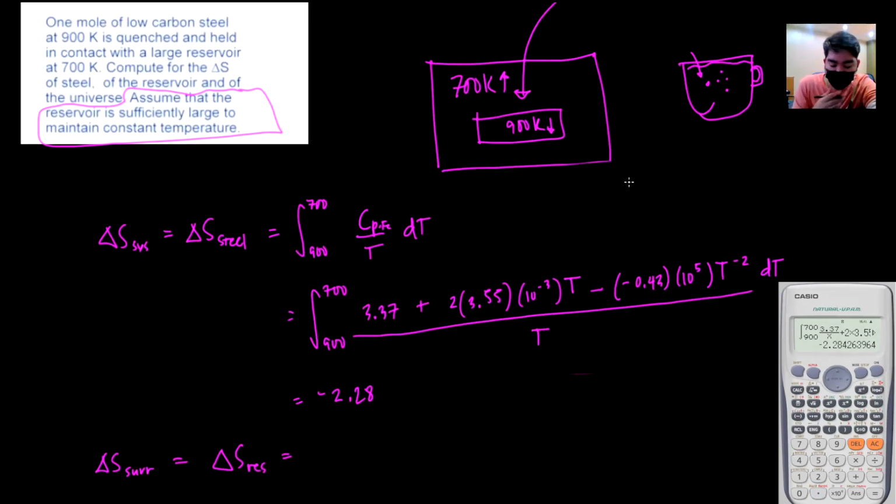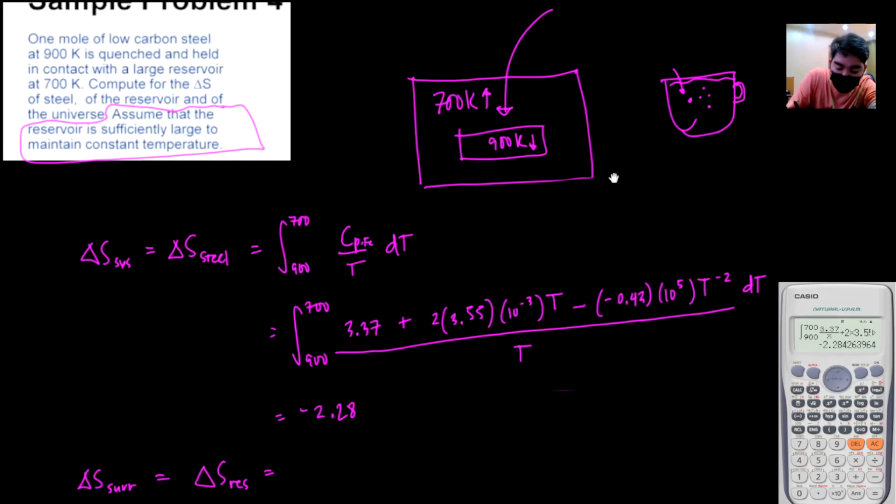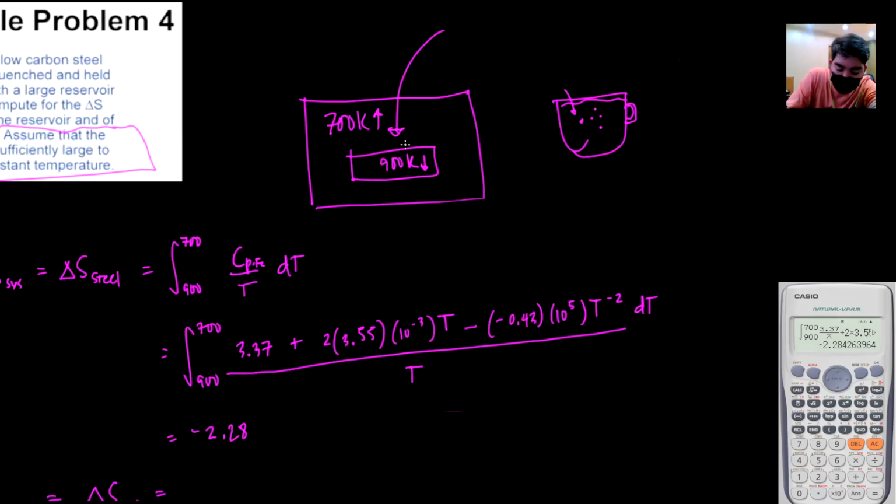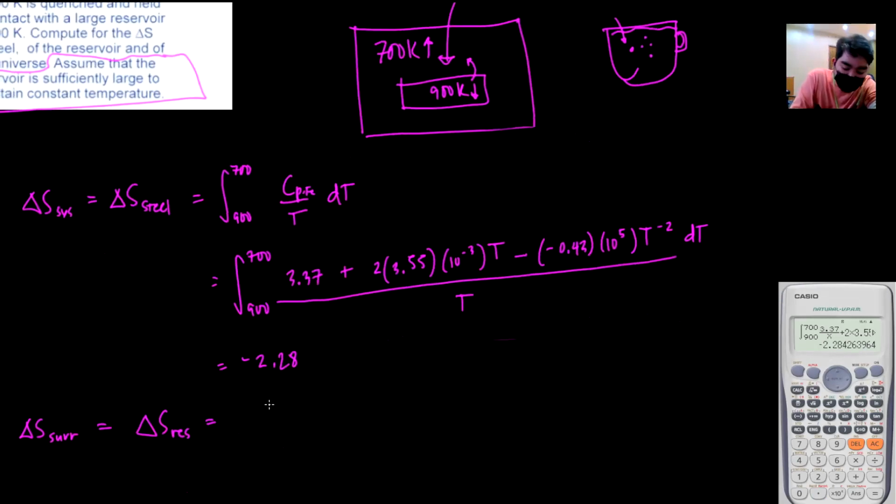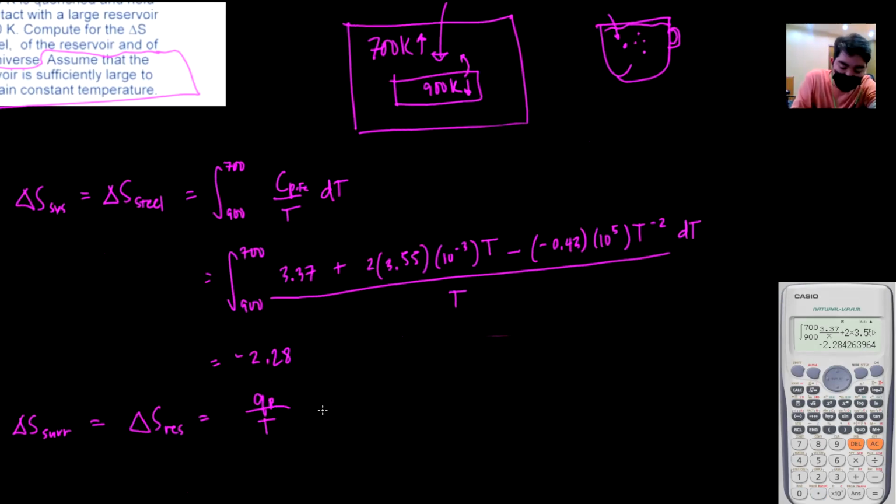So if you think about it, meron kang heat na lumalabas from the steel as it is being cooled down. Tama? Therefore, si reservoir mo is absorbing that heat. Tama? So you can actually just say QP over T. Tama, no? But QP is equal to integral of CP dt.